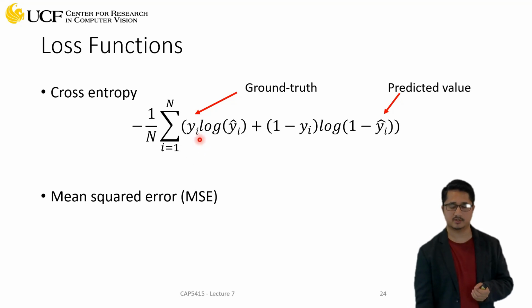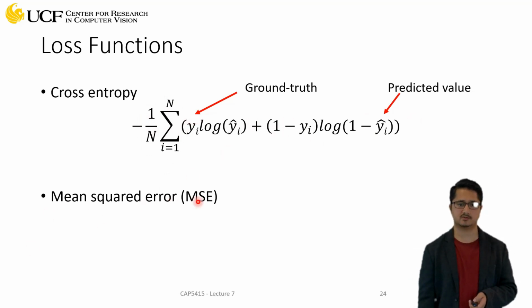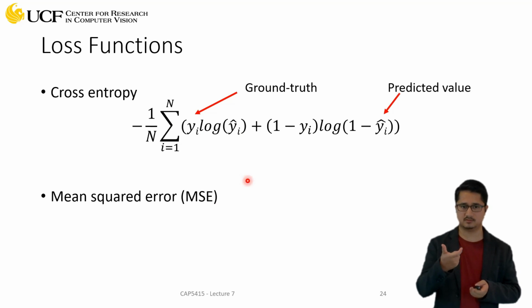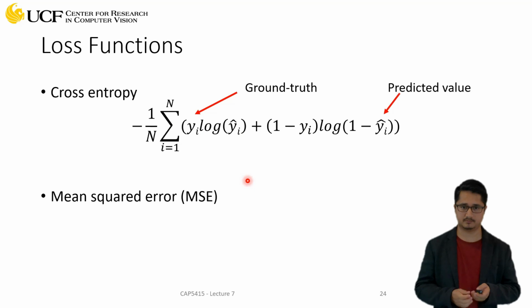And what you do is you compute that loss function for all the samples in your training set, and you just average that. Okay, so that's one kind of loss. You can also compute mean squared error. This is just a pointwise comparison. Right? You just subtract the values, square them, and take the mean.